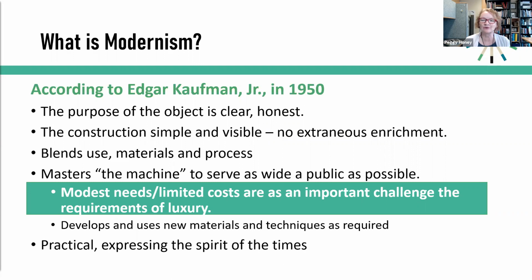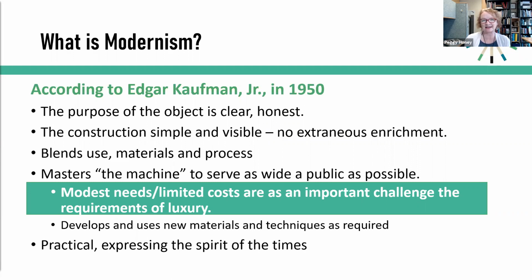One of the things that's really important to understand about the modernist movement is there was a very strong social agenda, sort of a social compact that the designers believed was important. They really felt that meeting the needs of the masses was as important a challenge as meeting the needs of the wealthy.